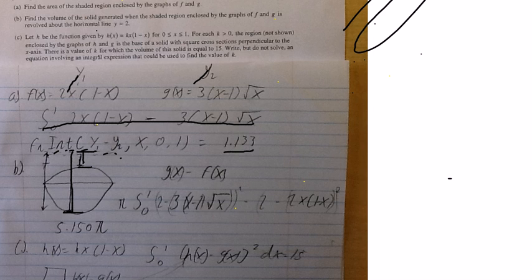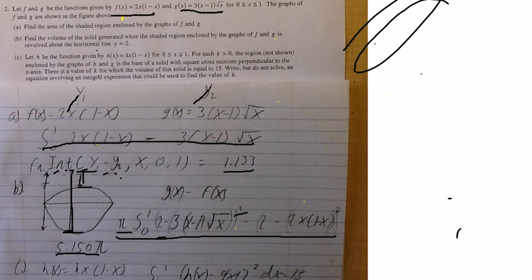But since you're revolving it, you need pi, you have it squared, and since it's about the horizontal line 2, you're going to have 2 minus. So this is what your entire integral is going to look like: 2 minus g of x squared minus 2 minus f of x squared, from 0 to 1, and then you multiply by pi, and your final answer comes out to 5.150 pi. You can just leave it in terms of pi. That's an acceptable answer.